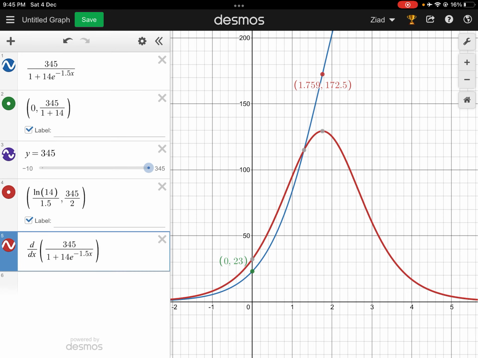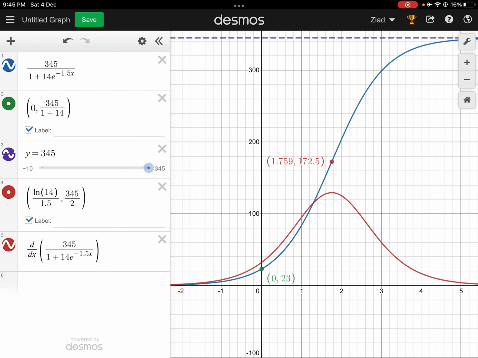Look at this maximum of the derivative. It's exactly at the point of diminishing growth, 1.759. You see, it's the same x coordinate, or t coordinate. So the logistic function is the blue, its derivative is the red. And you see that the derivative is maximum exactly at the inflection point of the logistic growth.